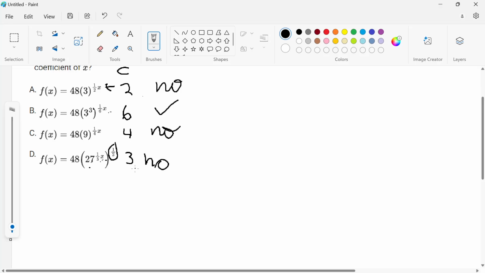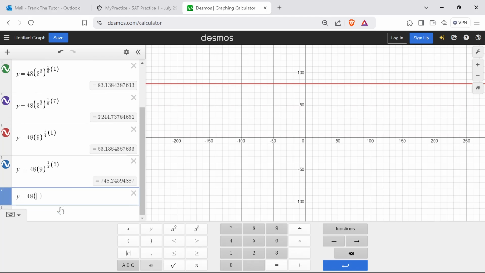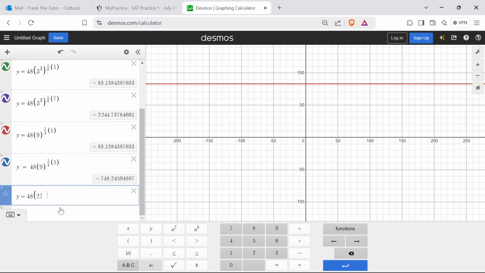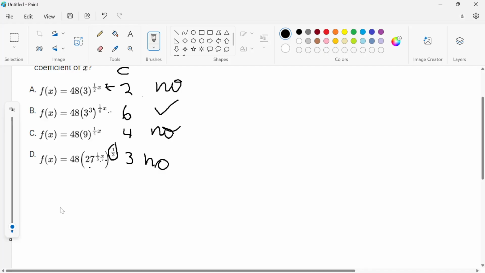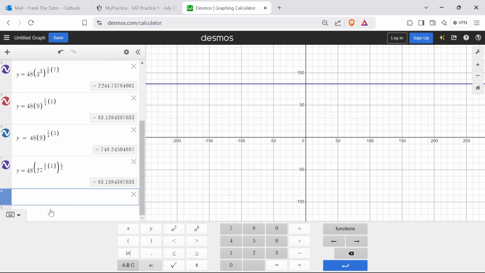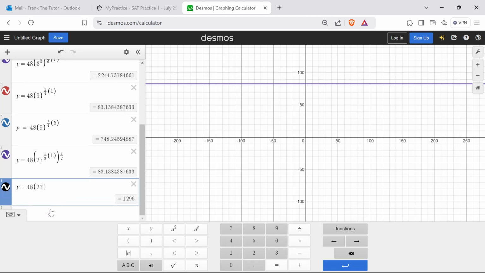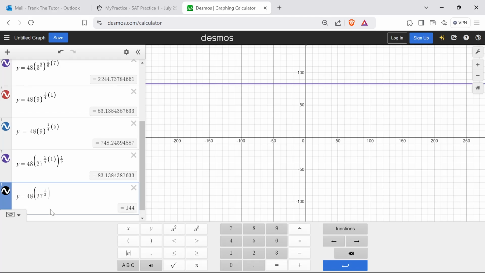And now I'll try D, 48. Y equals 48 times 27 raised to the 1/3, x is 1 to start with. And then I raise the whole thing to the 1/2 power. And then I do this one, y equals 48 times 27 raised to the 1/3 times x, where x has to go up by 3. 1 plus 3 is 4.